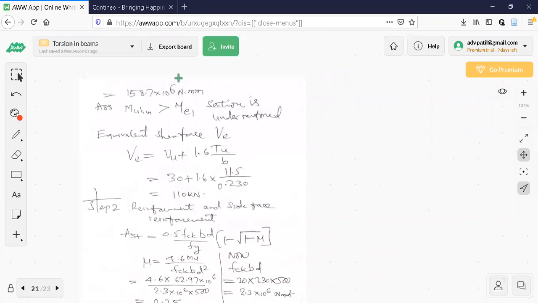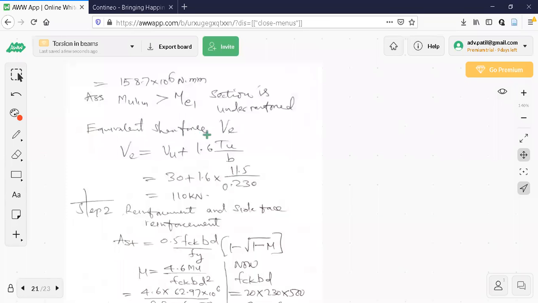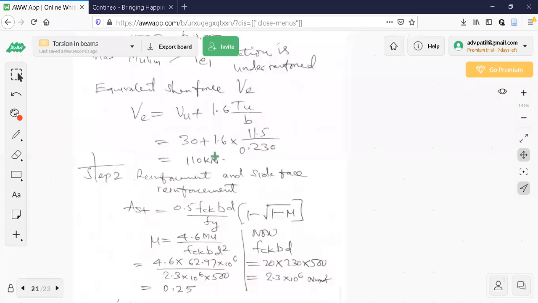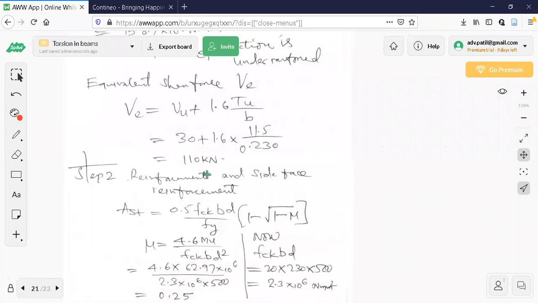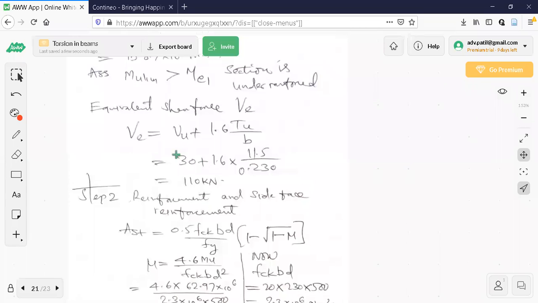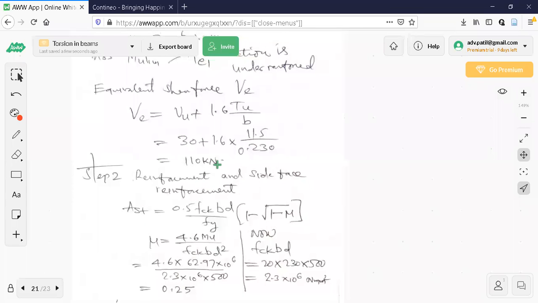So this is what you need to check here. Once this is done, find out equivalent shear force. Again, it is taken from page number 75, Vu plus 1.6 into Tu by B. Substitute all the values. Okay, 110 kilonewton. This is the end of the first step. In first step, I have used the formula given in page number 75. I am able to find out equivalent bending moment and equivalent shear.